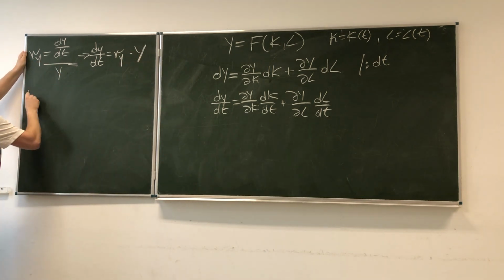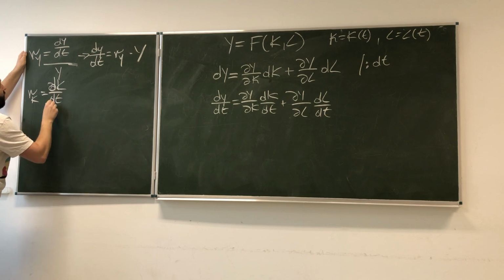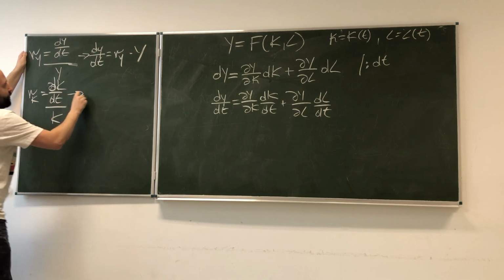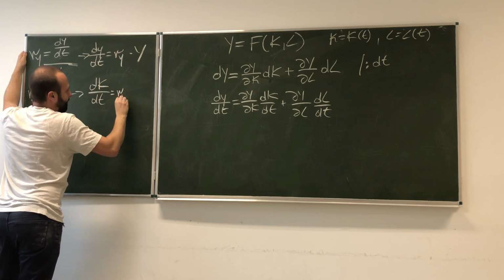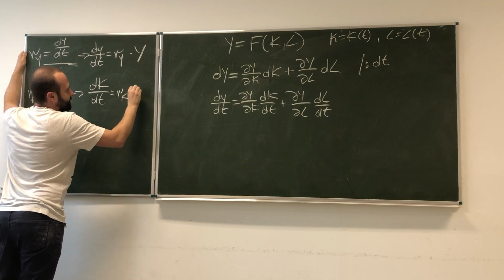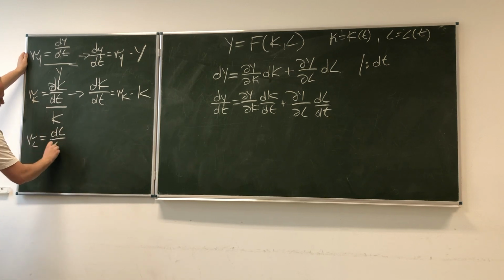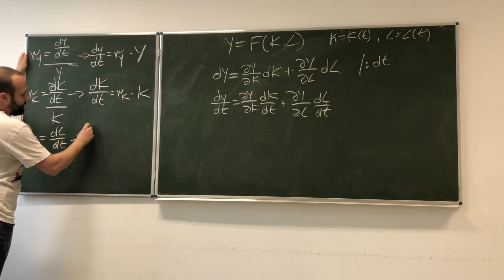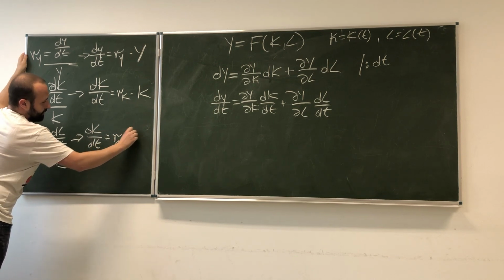And by the same token, the growth rate of k is dk/dt over k, which implies that dk/dt is equal to rk, the growth rate of k, times k. And finally, by using exactly the same reasoning, we get that dL/dt over L is equal to the growth rate of L, which implies that dL/dt is equal to rL times L.